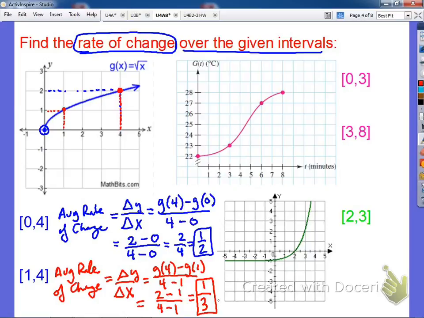So once again, this is not a line, this is a square root function. Alright? So in nonlinear graphs, the average rate of change is different depending on the interval that you're using. Okay, so this line right here, the rise is 1 and the run is 1, 2, 3.